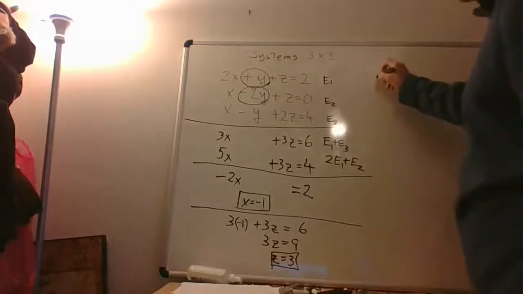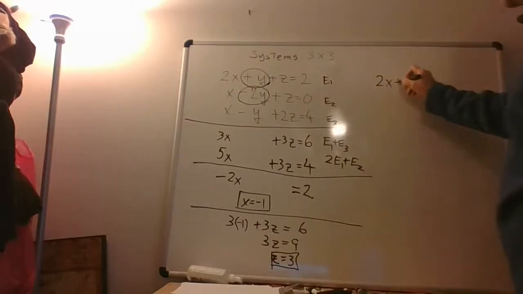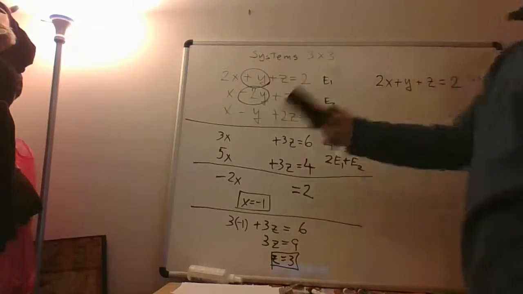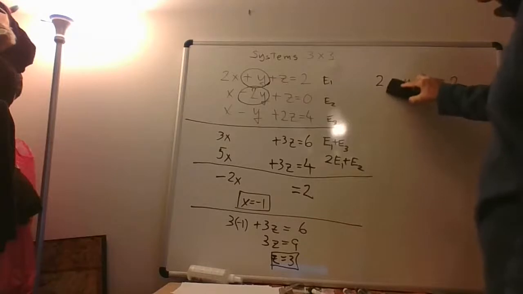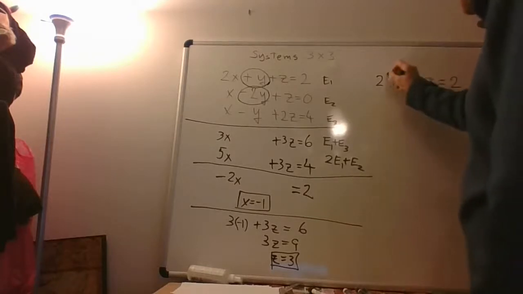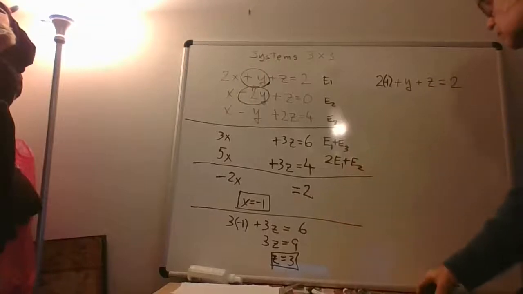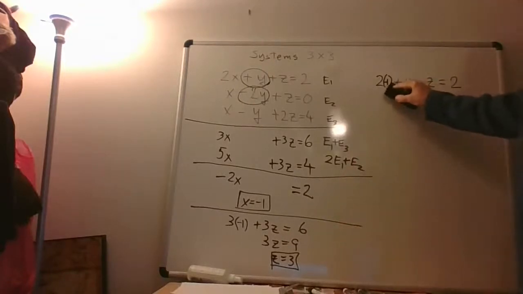The first equation says 2x plus y plus z is equal to 2. I know what x is: -1. I know what z is, so I'm using this typical method used in the class.